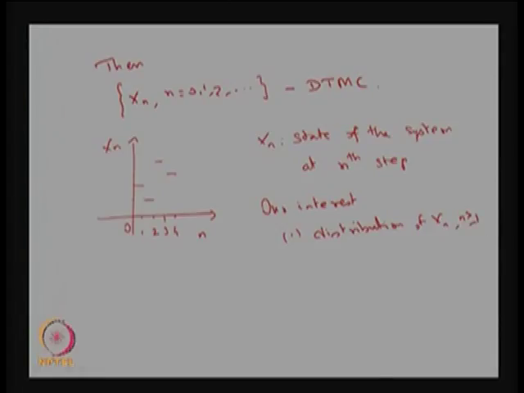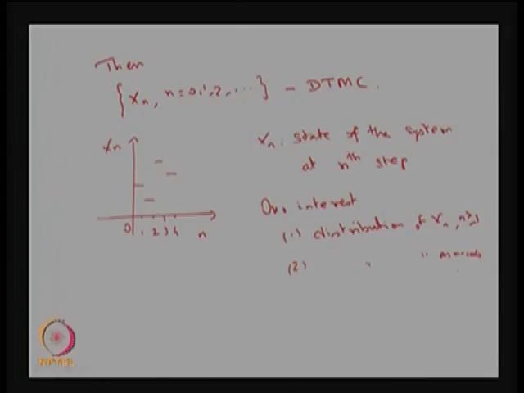You know where the system starts, x naught, so our interest is the distribution of xn, that is, the probability that xn will be in some state j. Also, what is the distribution of xn as n tends to infinity. At any finite n as well as n tends to infinity, that will be of our interest.